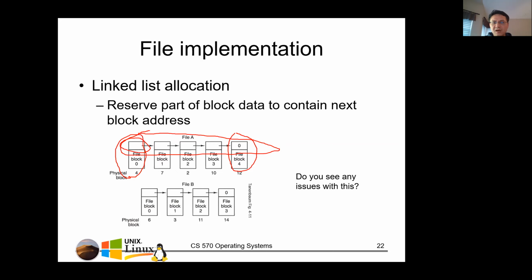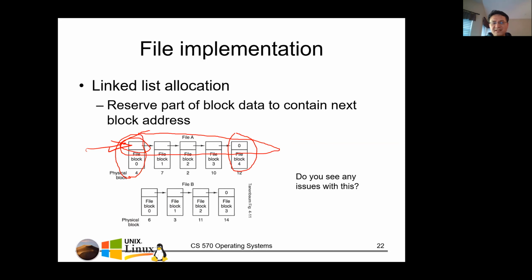First, let's look from the storage efficiency perspective. The amount of data storage in a block is actually no longer a power of two, because the pointer at the beginning takes up a few bytes, although it's very trivial.